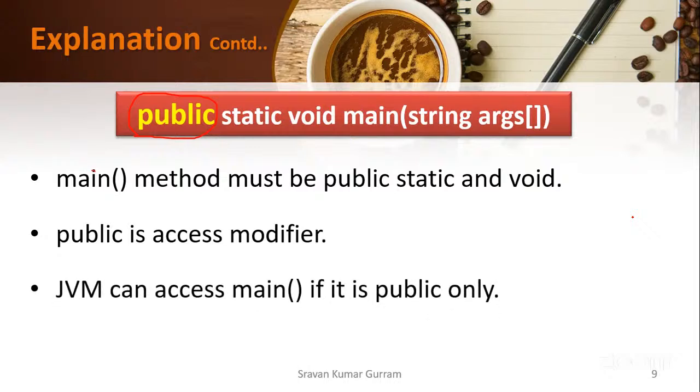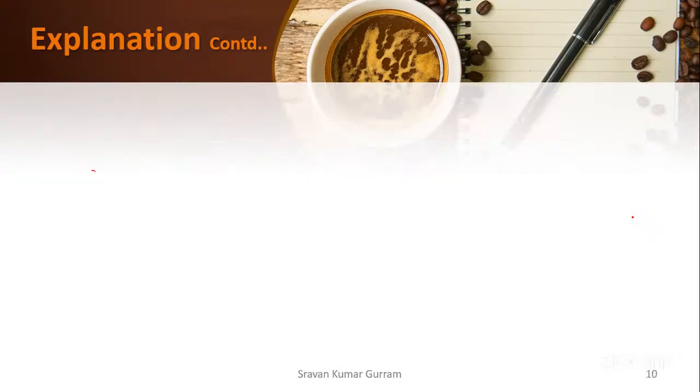If you want to give the JVM permission to access your main method, then your method must be a public type, publicly accessed. Anyone can access that. That's why the main method should be public type. Then only the main method can be accessed by the JVM and your program will be executed. If you remove the word public, your program won't be executed.